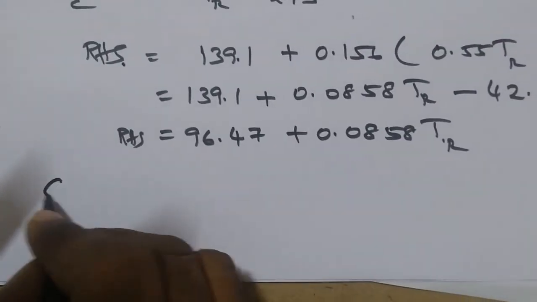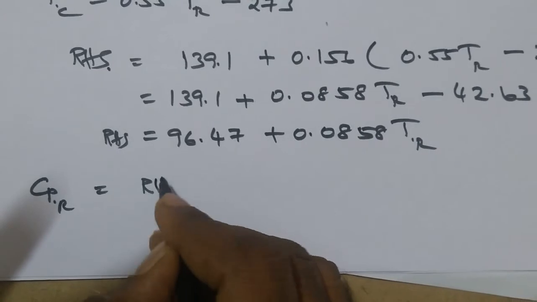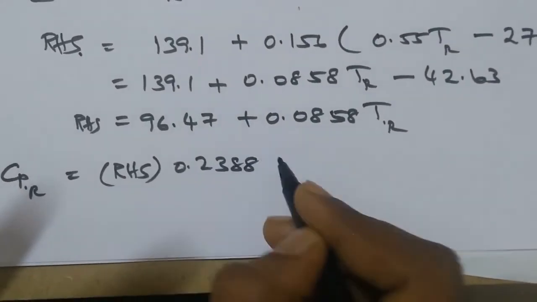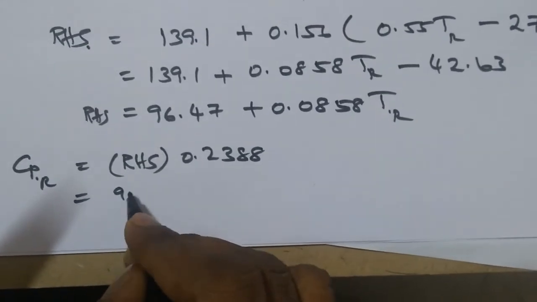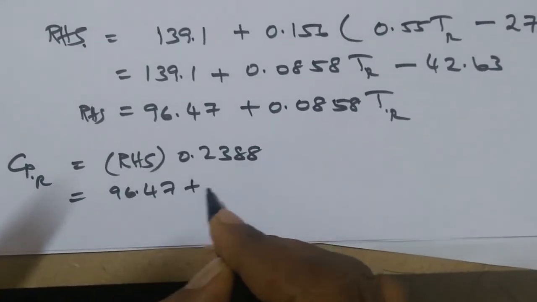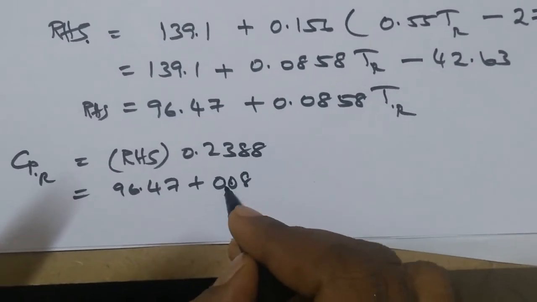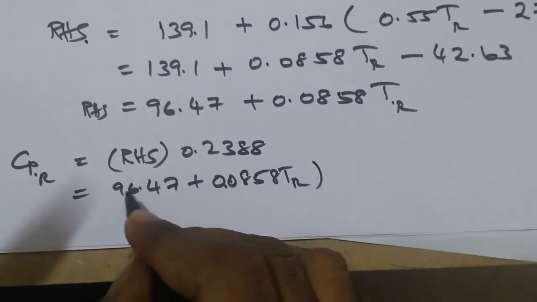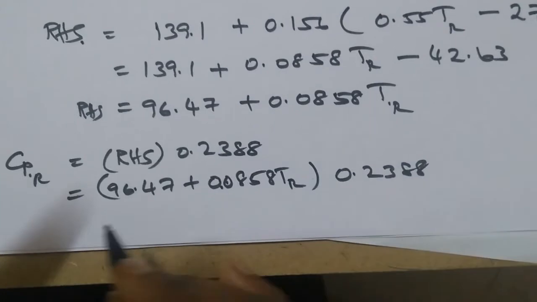To get Cp in degree Rankine, we have to multiply this right hand side value by 0.2388 as we have seen already. So that is 96.47 plus 0.0858 temperature Rankine multiplied by 0.2388.